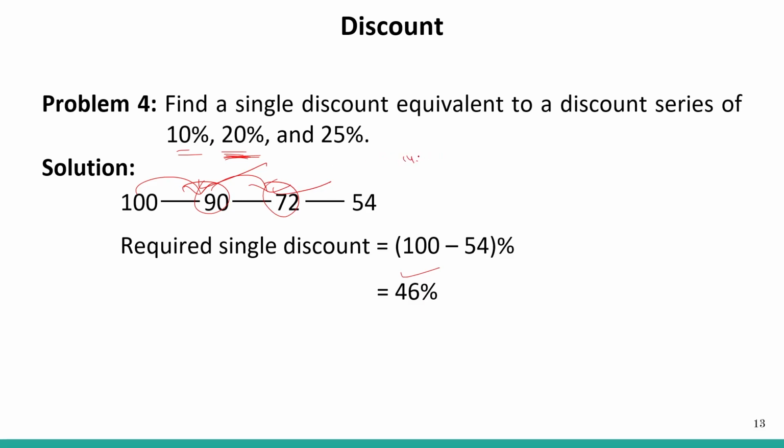It will be 14.4 plus 3.6, that is equal to 18. So 72 minus 18 is equal to 54. So it goes to 54 rupees. So from 100, we are selling it for 54 rupees. So the discount will be 100 minus 54 is equal to 46%. So 46% is the correct answer.